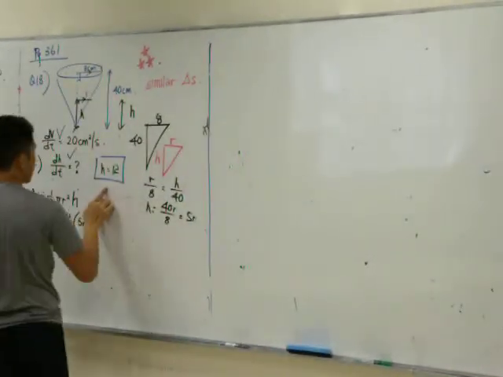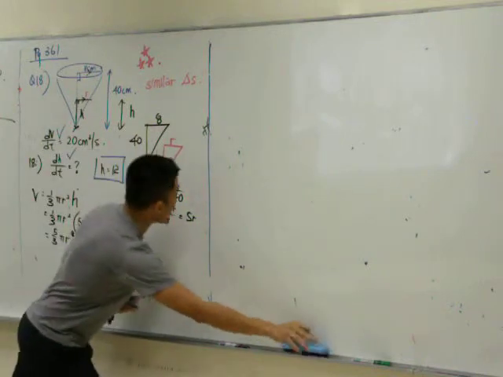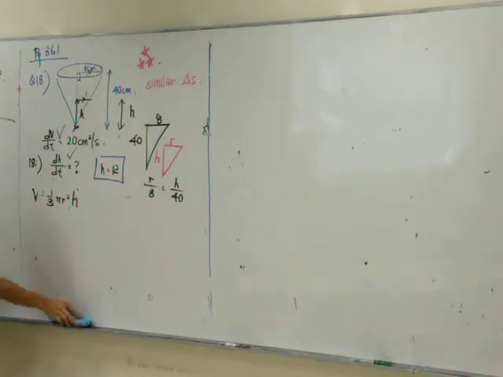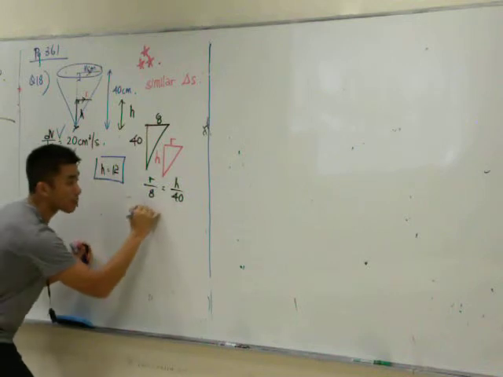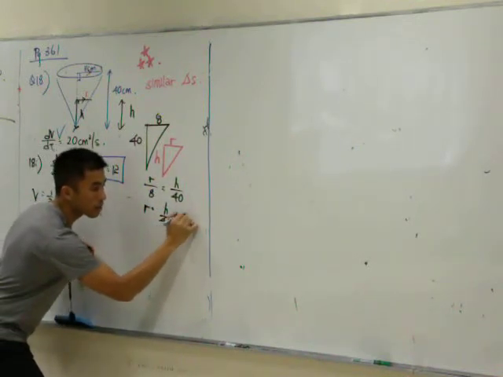I only saw H. But we need to make sure it's in terms of H, right? Then how can I make it in terms of R? No. I must make R the subject. I'm sorry, because everything must be in terms of H. Okay? Everything must be in terms of H. So I must make R the subject. Apologies.